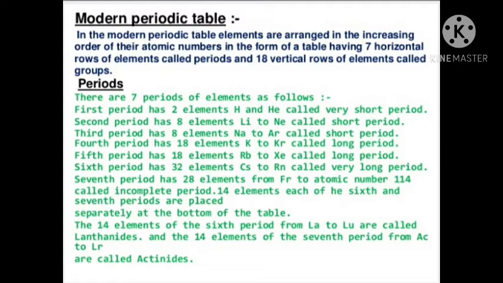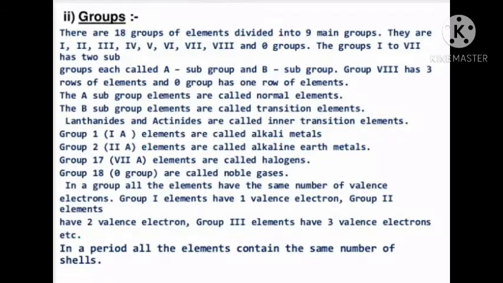The 14 elements of the 6th period from lanthanum to lutetium, that is La to Lu, are called lanthanides, and the 14 elements of the 7th period from Ac, actinium, to lawrencium, Lr, are called actinides.